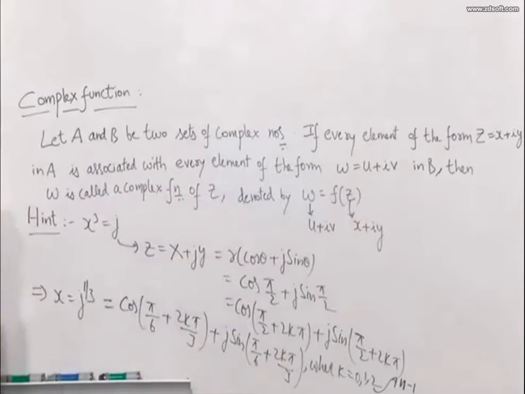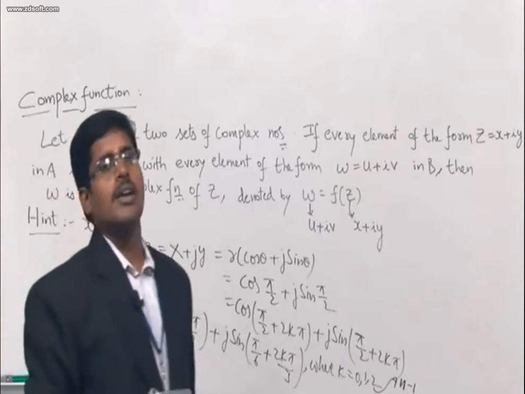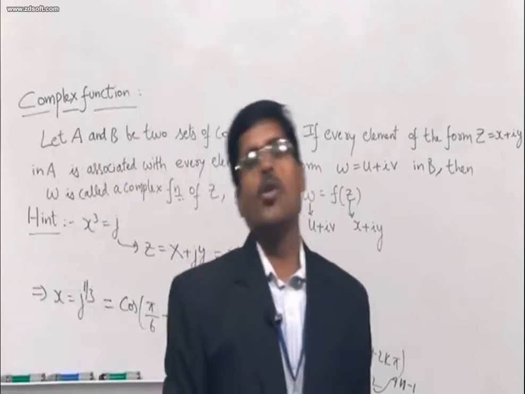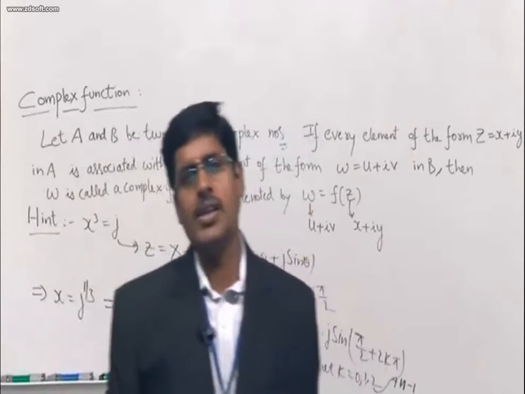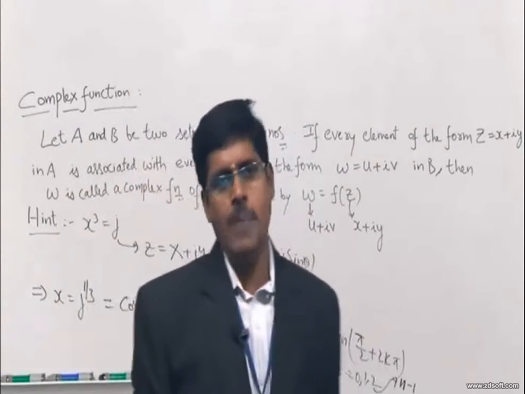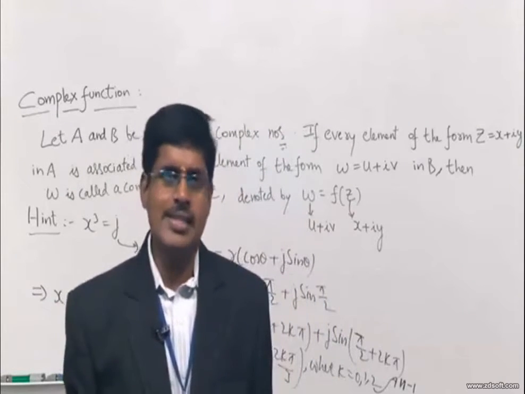So it is a complex function from domain having a set A, all elements in the form of complex number Z is equal to X plus IY, codomain B, set of all complex numbers denoted by W is equal to U plus IV. So every element in the domain is mapped to a unique element in the second set.